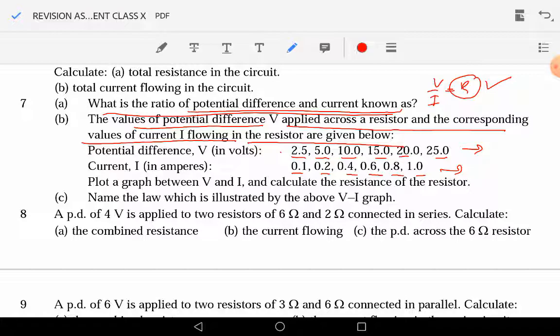Now they are asking to plot a graph between V and I. If there is no error, like this is a perfect reading for V and I, we can see that as the value of potential is increasing, the value of current is also increasing in the same manner. There is a directly proportional relation between them. So the graph between V and I, when we put all the values together, will be a straight line graph and the slope will be representing resistance.